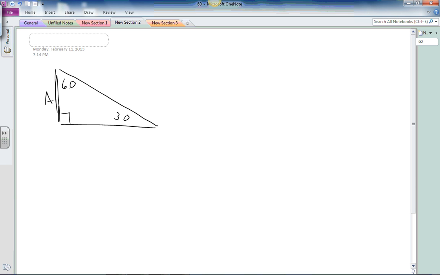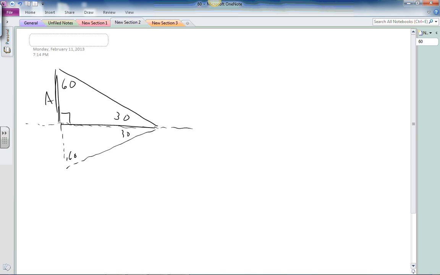Well, if you look at it a certain way, just imagine that there's an imaginary line right here. I'm going to take this triangle and flip it over, and make a ghost triangle down there. It's exactly the same thing. So this is 60 degrees and this is 30 degrees.